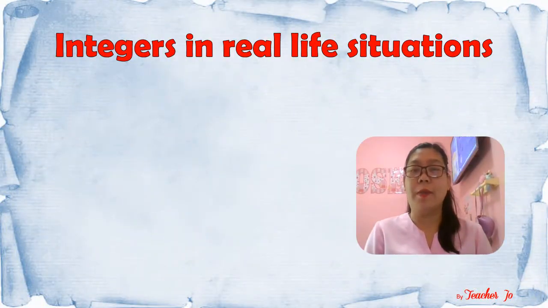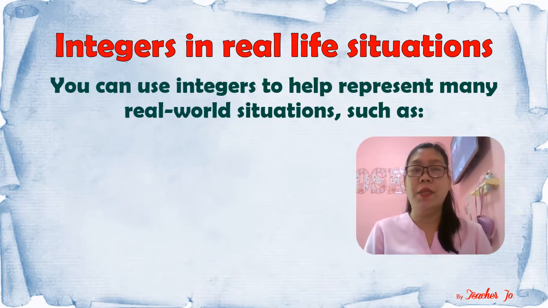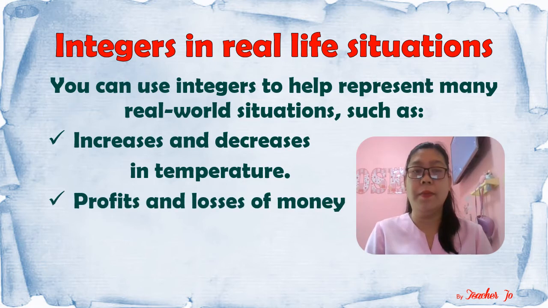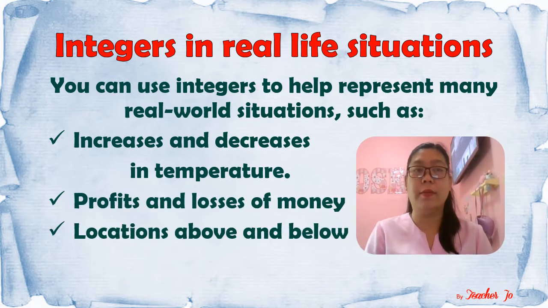Integers in real-life situations. You can use integers to help represent many real-world situations, such as increases and decreases in temperature, profits and losses of money, locations above and below sea level.